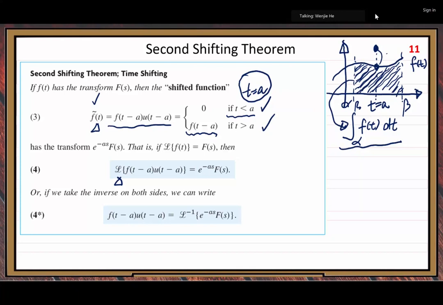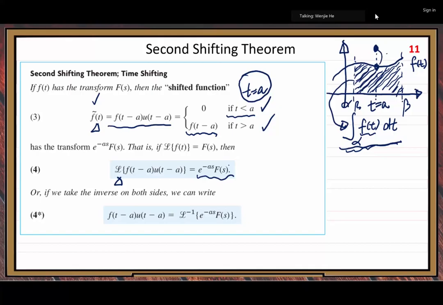If you change just a single value of this function, the integral is the same value. And because our Laplace transform is an integral, its Laplace transform is the same thing. So one missing value doesn't matter.